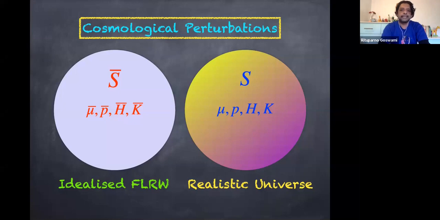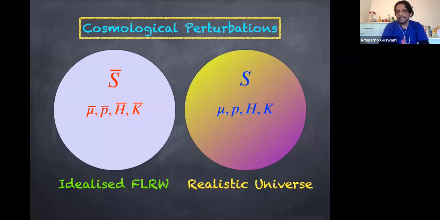Everything there, the energy density, pressure if there is pressure, the Hubble parameter, the curvature, I'll be denoting by an overbar. And on the right side is the real universe, which is definitely not homogeneous and isotropic. So it's a lumpy real universe, and all the quantities will be represented without any overbar.